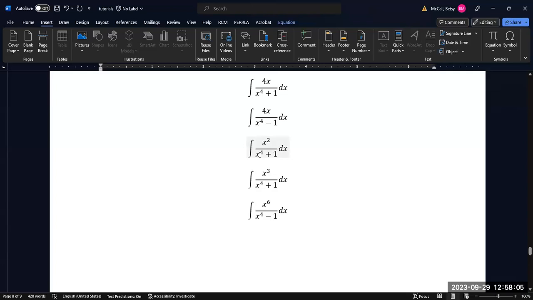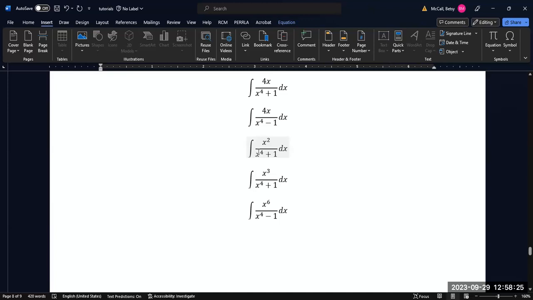This problem, on the other hand, this one you might want to do with trig substitution. This is a proper fraction. This x to the 4th plus 1 does not factor. It is a sum of squares. And the derivative of the denominator is not x squared.